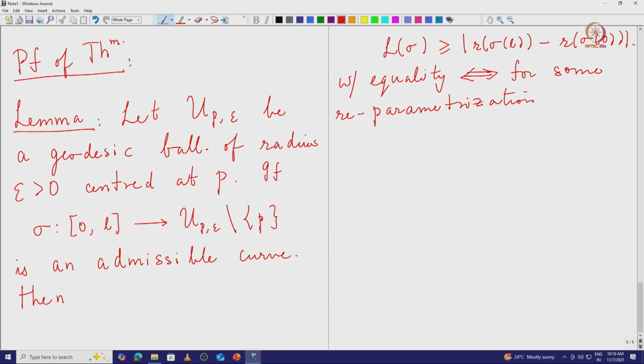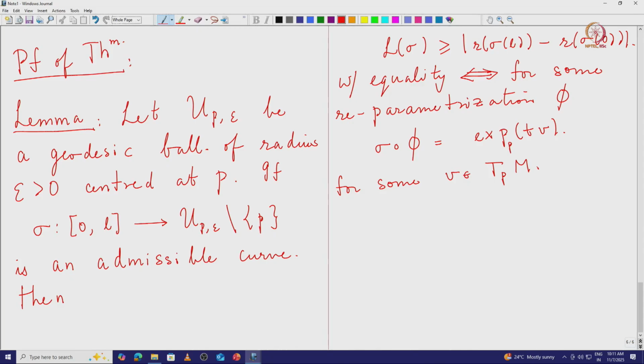So for some reparametrization phi, if you look at sigma composed with phi, then that is given by a radial geodesic, exponential of T V, for some V in the tangent space.